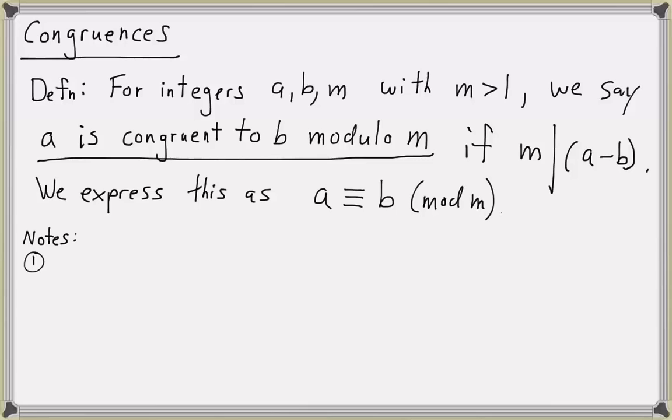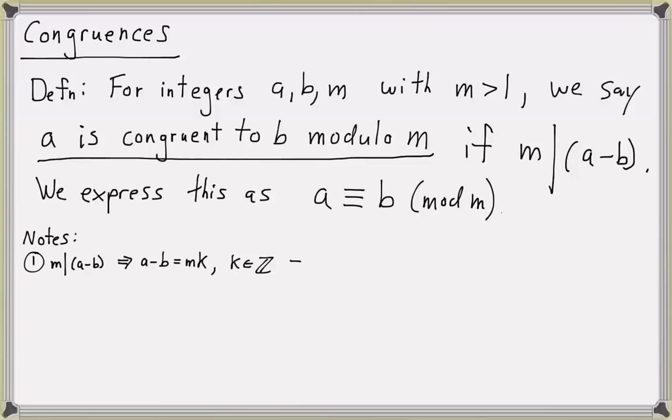If m divides a minus b, that's the definition of a is congruent to b, then I can write a minus b as m times an integer k.